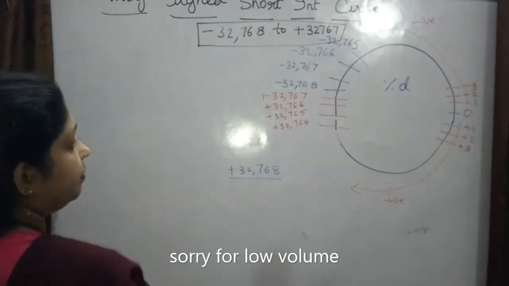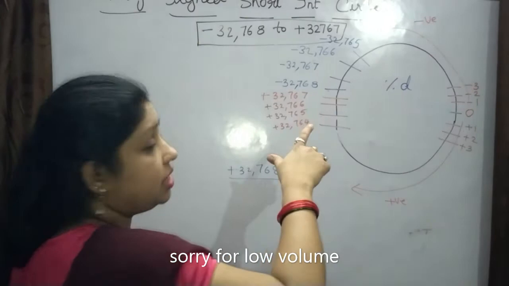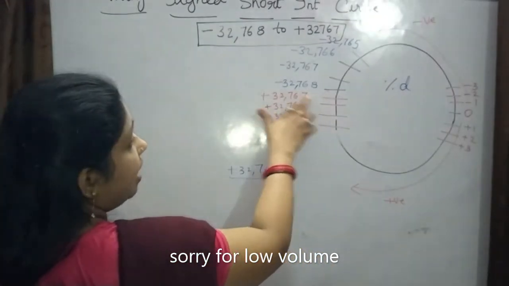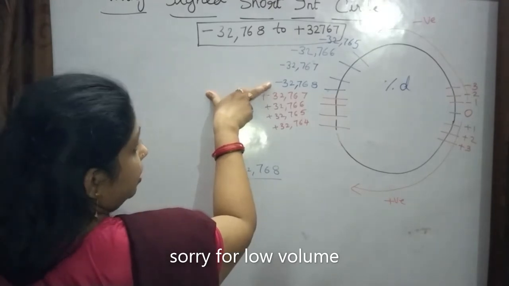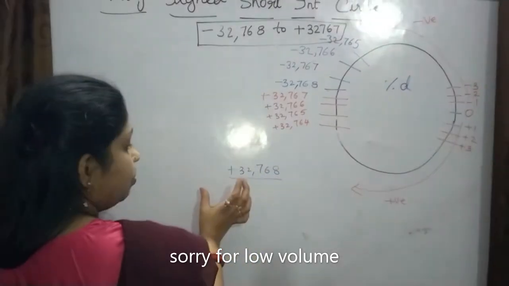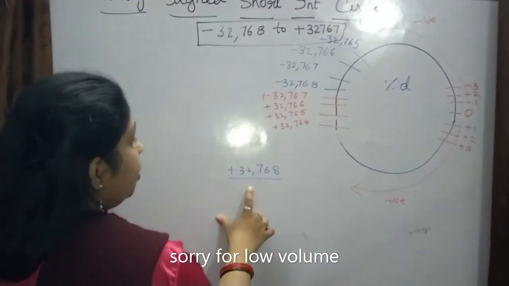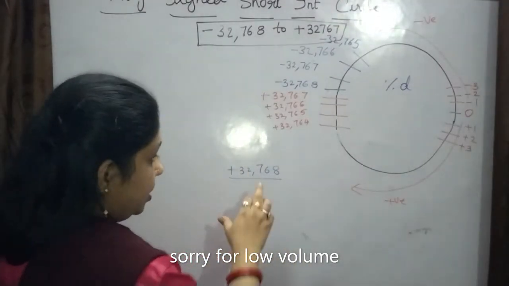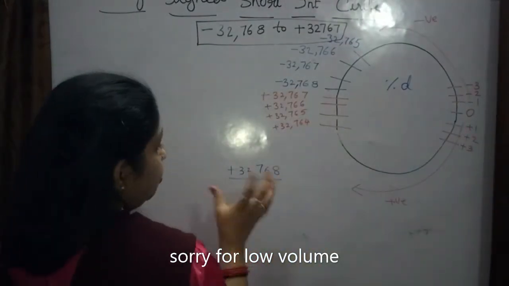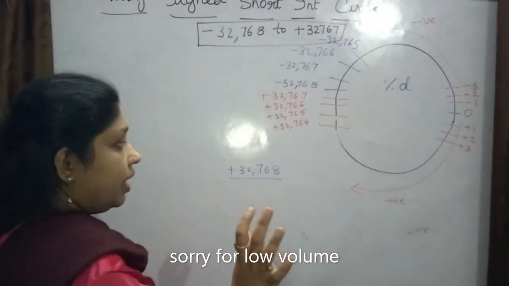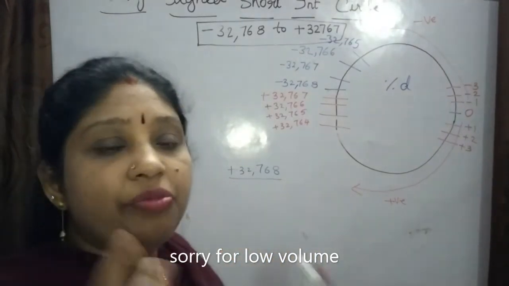You can find out. See, only till plus 32,767, till here only it's there. After that it is minus 32,768. So when you assign to a variable this type of value which is not there in this circle, then it's going to take some different value.